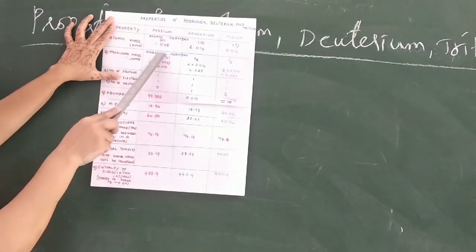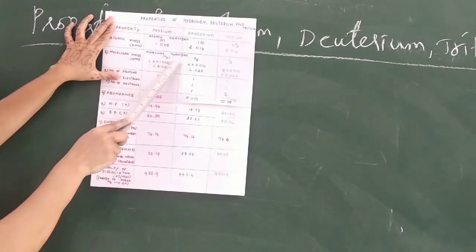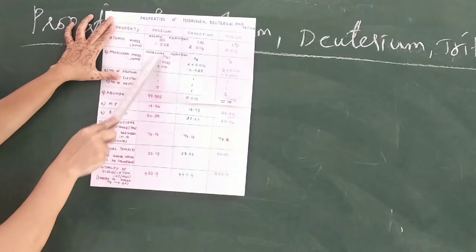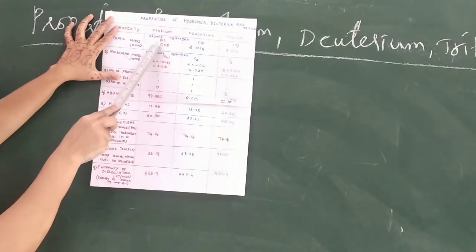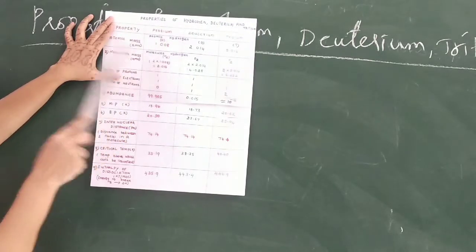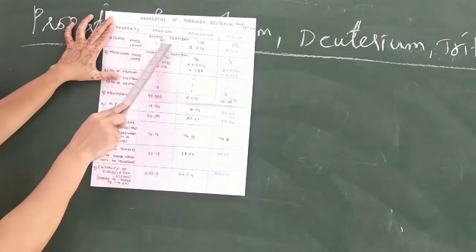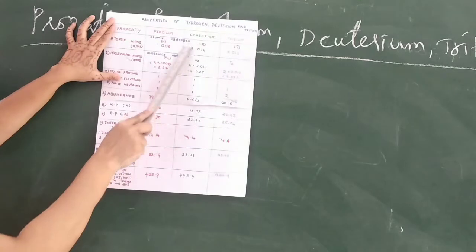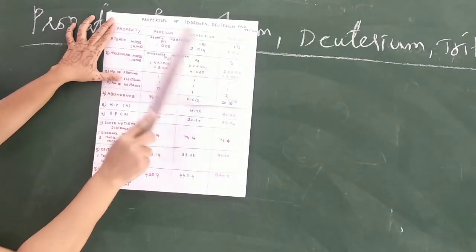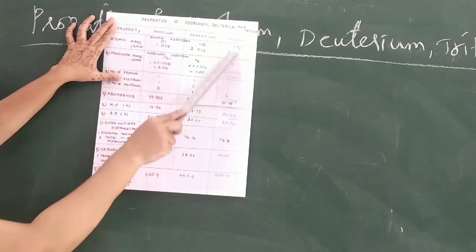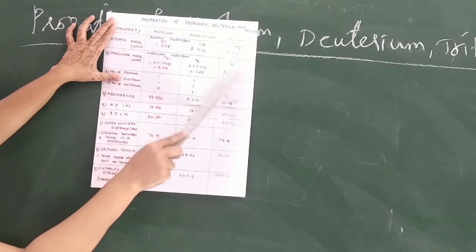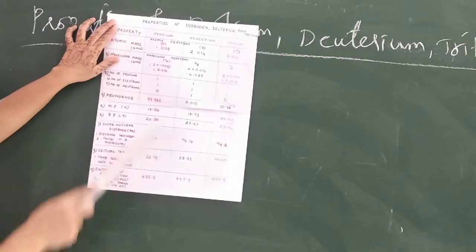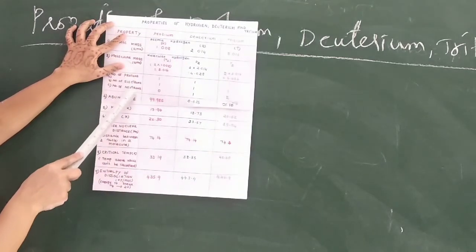It is the sum of atomic weights. Here 2 into 1.008 for hydrogen, 2 into atomic weight gives 2.014 for deuterium, and 3.016 for tritium. Here also the unit is atomic mass unit.